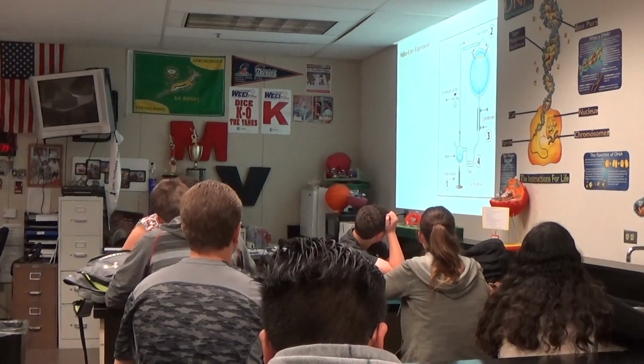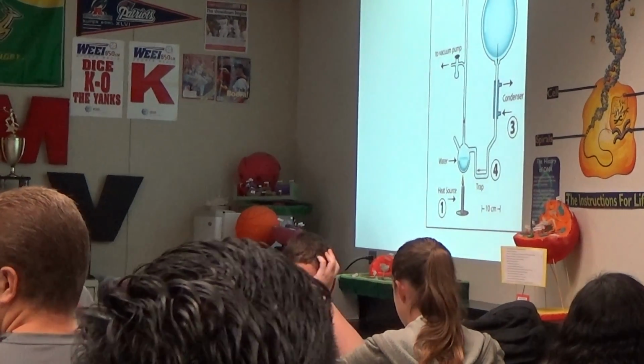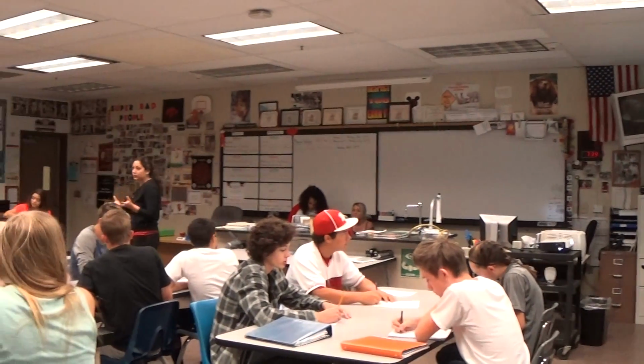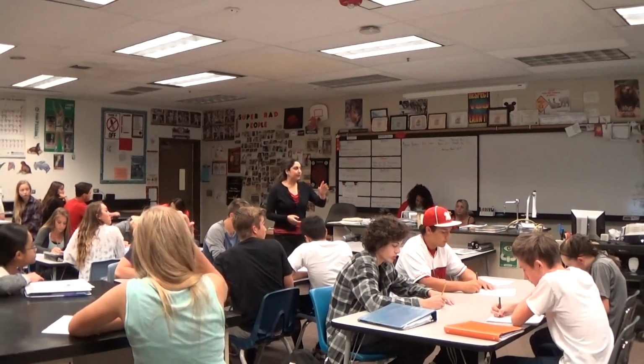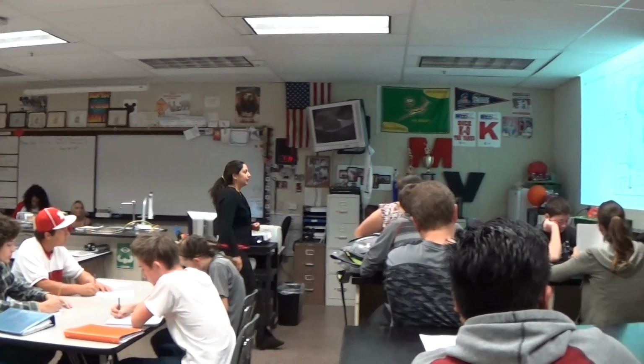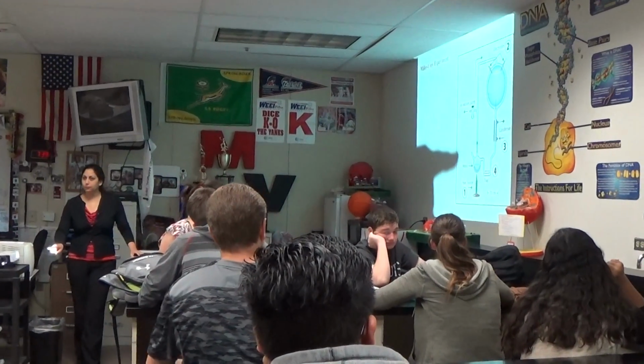So Miller and Urey are two scientists that decided to figure out how the atmosphere looked at that time. They created this experiment, and they had this water that represented the water from the ocean, because there were oceans at that time.